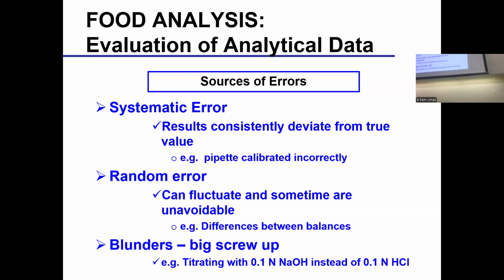So all of your assumptions, you are pipetting 1 ml, constantly pipetting 1 ml, but in reality, you're pipetting 0.8 ml because the pipette is not calibrated. This kind of systematic error will mostly offset your accuracy. Most of the time, it's your accuracy, not your precision.